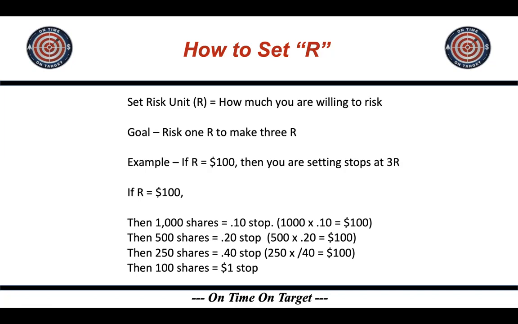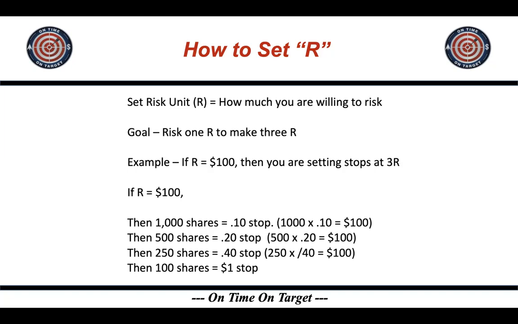If you wake up in the morning and you say, I want to risk 1R, and that R is going to be $100, and you can afford to buy 1,000 shares or short 1,000 shares, then you could use a 10-cent stop. So 1,000 shares and it moves 10 cents. If it moves in your direction, you can keep going up to 30 cents. That would be your 3R.